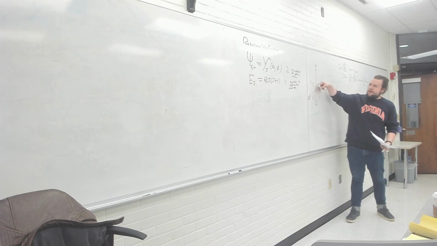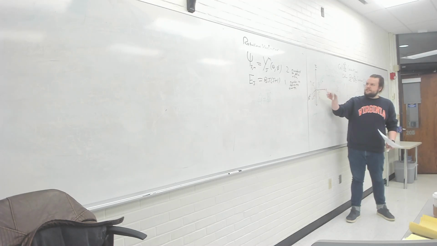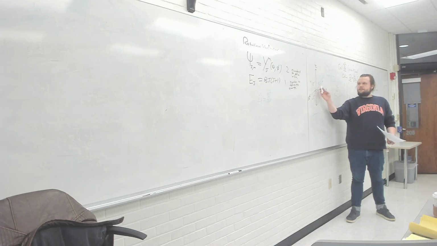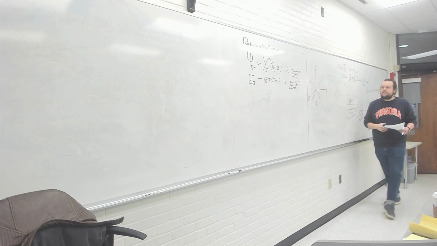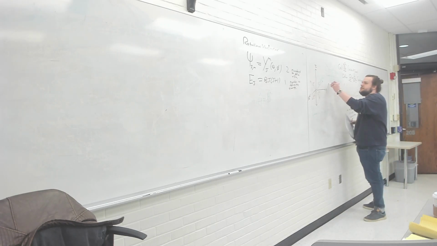If angular momentum is in this direction, the molecule is rotating like this with respect to the axes. If it's pointing this way, it's rotating like this, right? And if it's pointing this way, it's rotating like this. So we don't know anything about the direction of it. So this is direction independent.